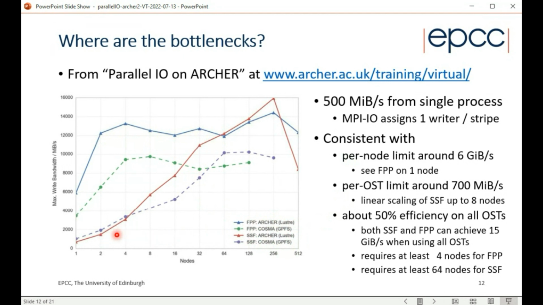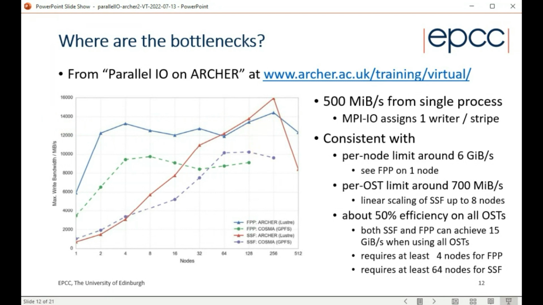Okay, and you'll see that the most important point is that both these modes of I/O, file per process, which is lots of little files across all the disks, and single shared file, which is one file distributed across all the disks, can achieve about the same bandwidth of about 14 gigabytes per second.